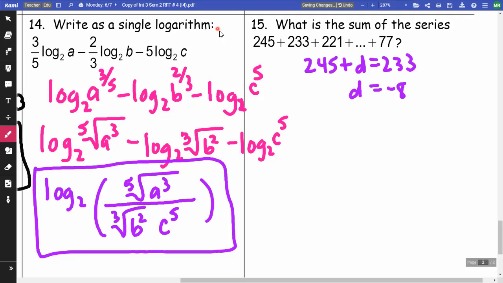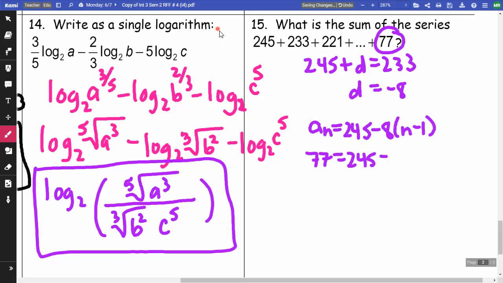So it looks like I'm subtracting 8 here. They want to know the sum. So for the sum, I do need to figure out what term that 77 is. Let me write first a sub n is equal to 245 minus 8 times n minus 1, kind of your general equation. I want to know what term 77 is. So I'm going to put that in for my a sub n and work this out.